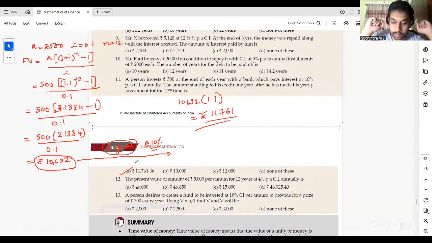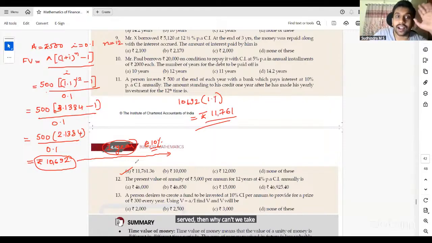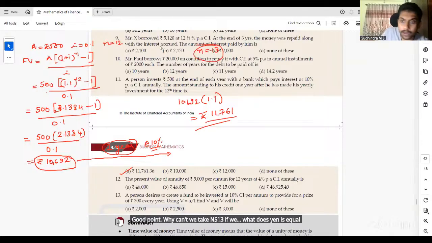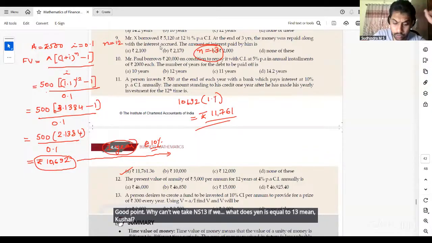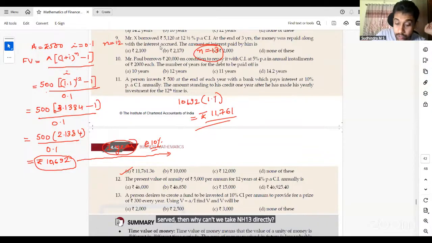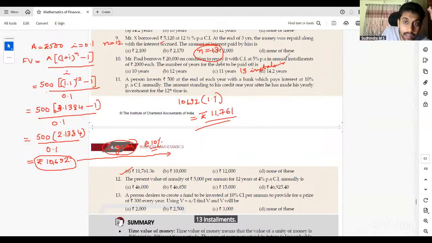Sir, then why can't we take n as 13 directly? Good point. If n is equal to 13, what does that mean? He's paying 13 installments. But is he making 13 installments here?